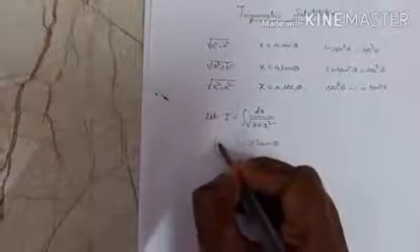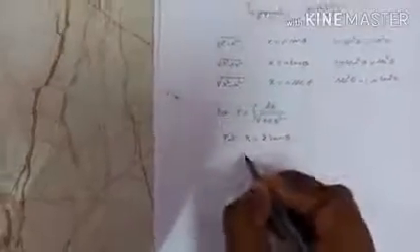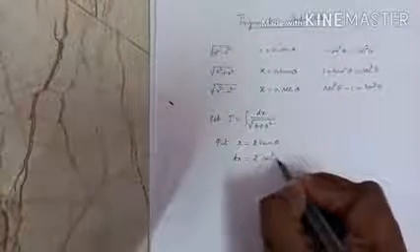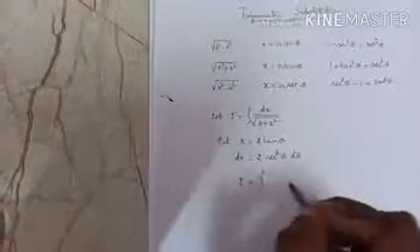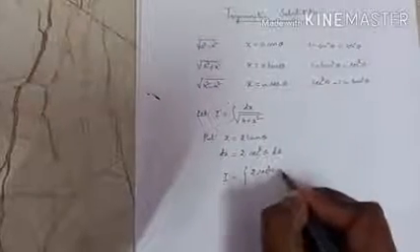Use this substitution. So dx is equal to the differentiation of tan theta, which is secant square theta, then differentiating theta, it is d theta. Okay. So when we substitute, I is equal to integral 2 secant square theta d theta by square root of 4 plus 4 tan square theta.